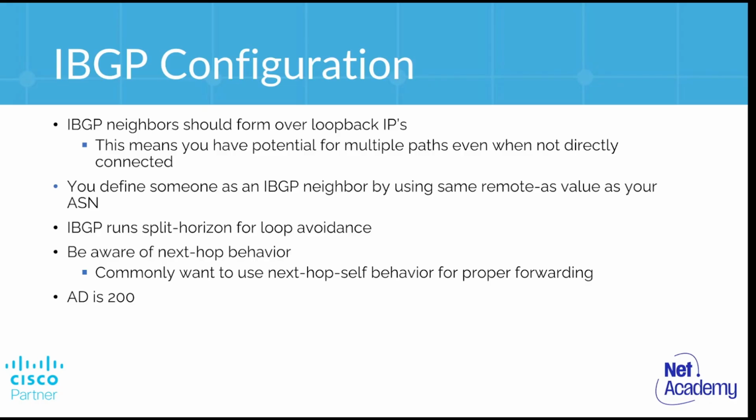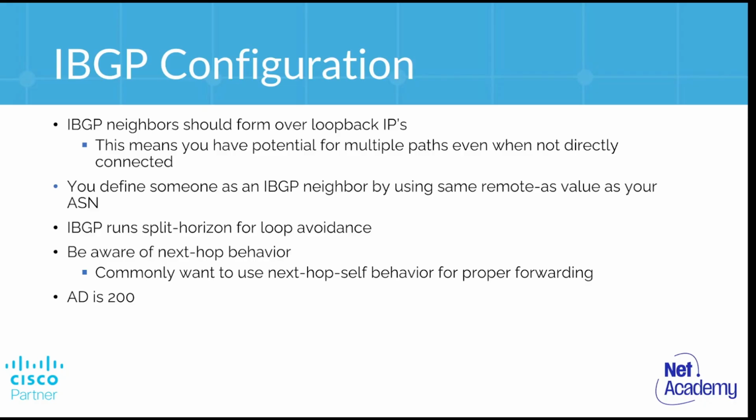And that's a pretty common loop avoidance mechanism in all distance vector protocols. And you're going to find that we call BGP in general a path vector protocol. And this is the vector part, right? It's going to use IBGP for loop avoidance. In fact, we'll see IBGP has a lot of similarities with an IGP, whereas EBGP much less so.